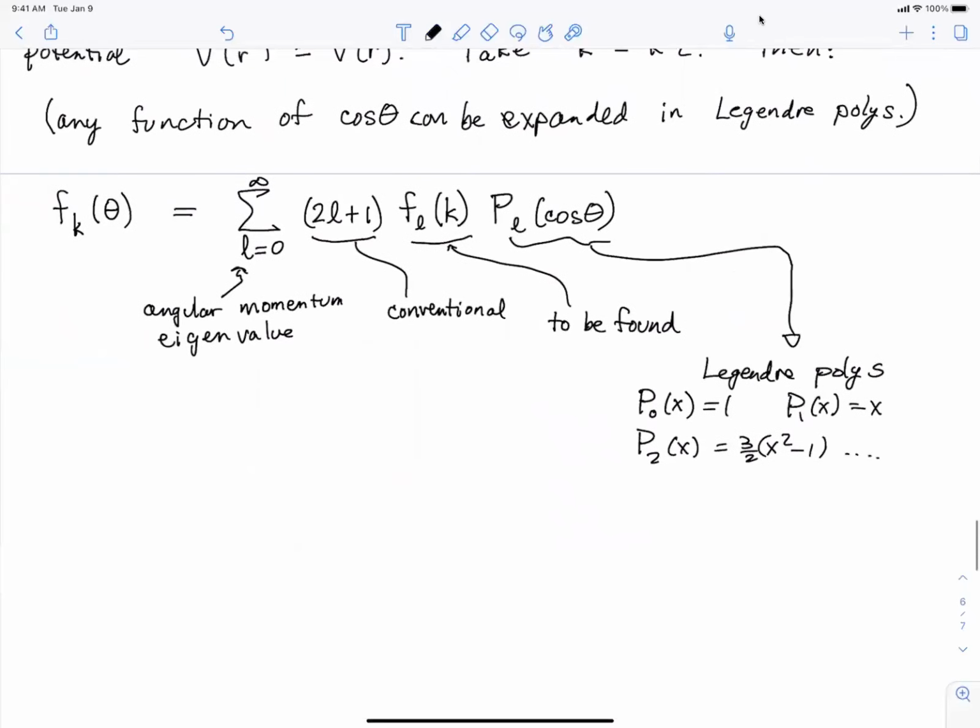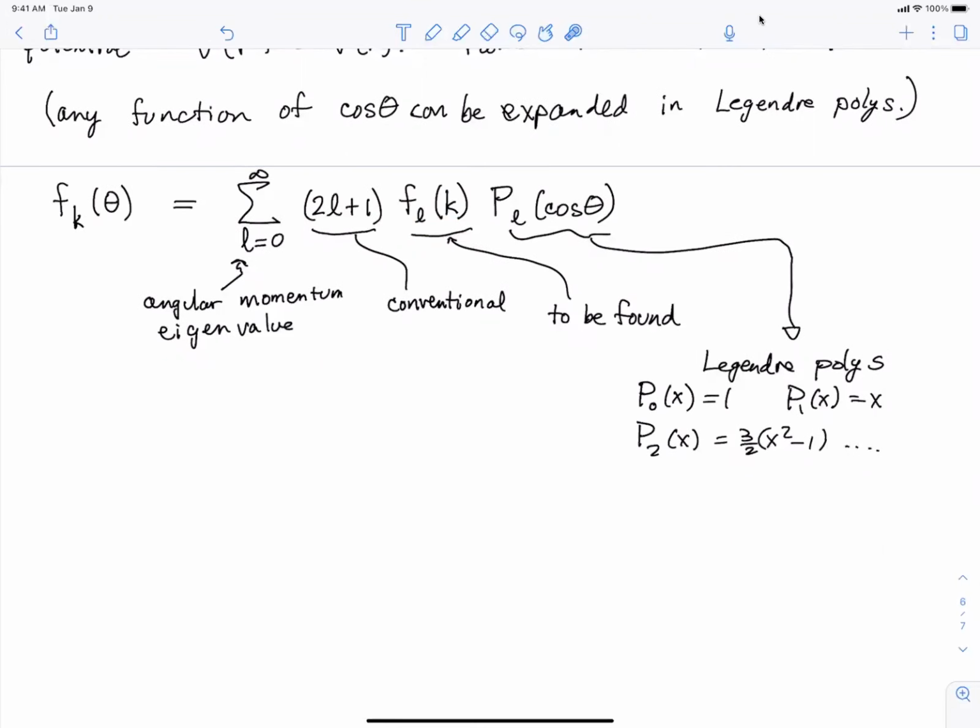Okay, so the idea is we want to find this function of theta, but we're exploiting the fact that it can be written as a sum of Legendre polynomials to instead write it as a sum of coefficients. Instead of being functions of theta and functions of k, now they're just functions of k with an integer subscript, L. And so really the hope is that we won't need to find all of them. We'll just need to find them for certain angular momentum combinations that we're interested in.